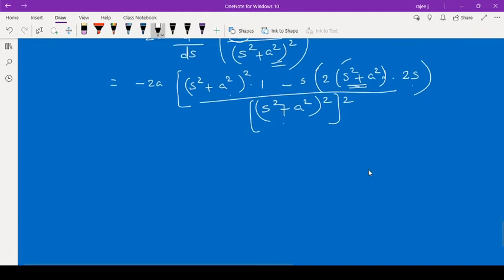Okay, so that is equal to minus 2a, this is common for all, into s square plus a square the whole square minus, now see here, 2 into 2s into s, this s, so I'll just use this s we will take, then 2s you will take, and this 2 you will take.